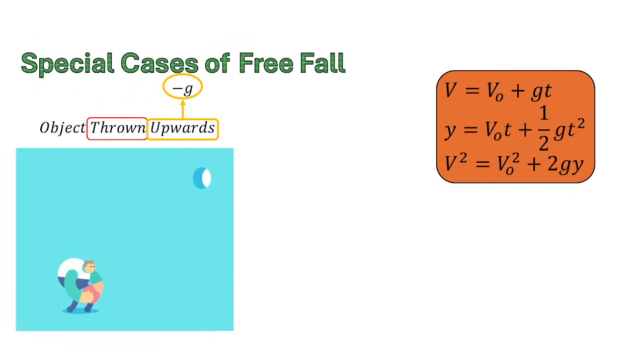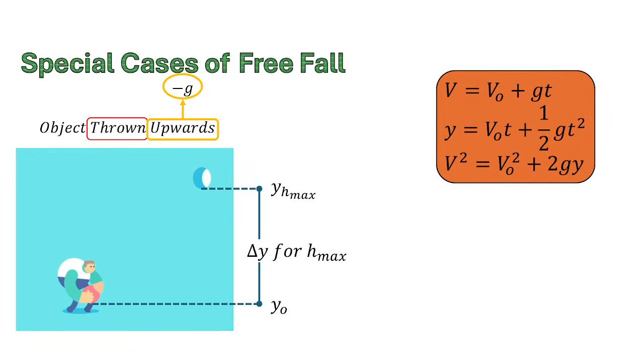So this is the initial position, let's mark the initial position of our ball, y naught, and that is y at h max, the change in y for h max, or the maximum height.